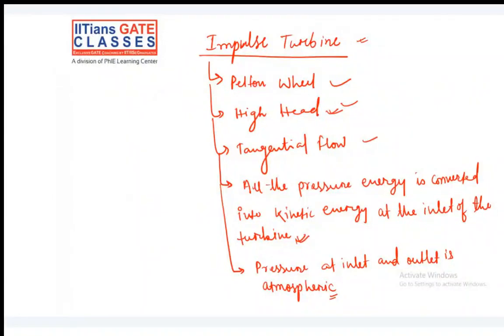Okay, now let us understand a few important parts of the Pelton wheel. This is also called Pelton wheel, sometimes Pelton turbine, so we should not get confused. So I am writing down now. Once more, I am just finishing this part: what is an impulse turbine.